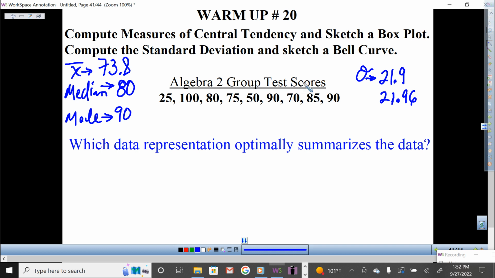From the box plot and the bell curve, which one did you choose and why? Tell you what, before you answer, talk it over one more time with your neighbor. From those two representations, which one is the one that best describes that data and why?